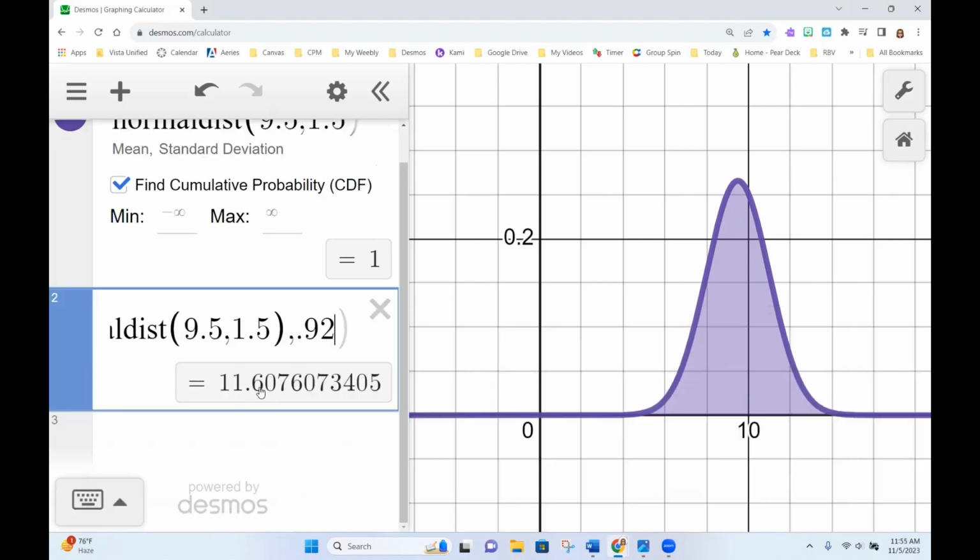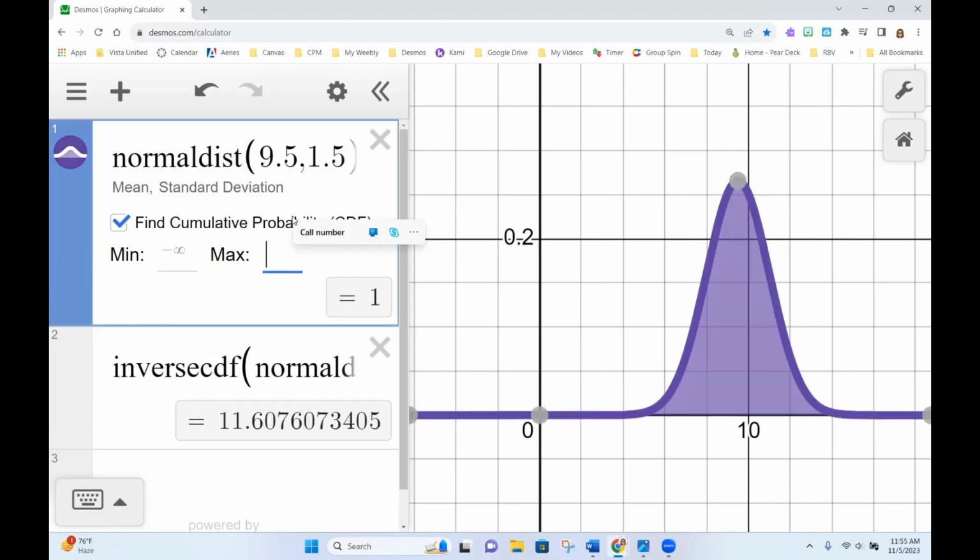And then you see I get this value. Now, if I go from negative infinity up to this value, you see that that is 92%. So that matches. And that's the end of this video.